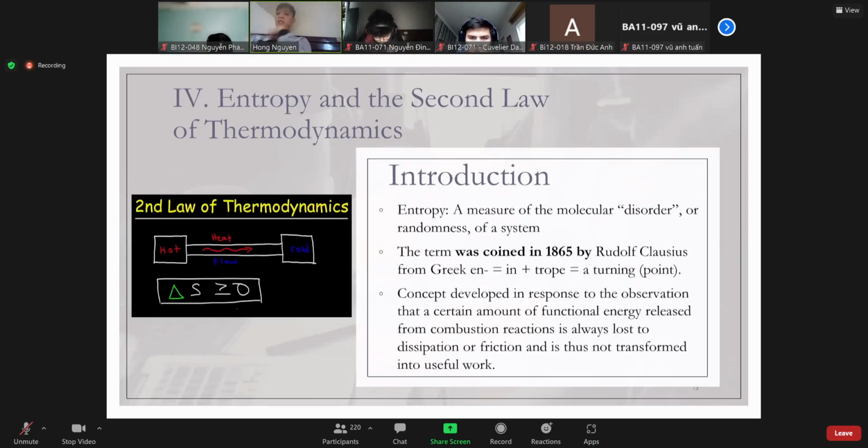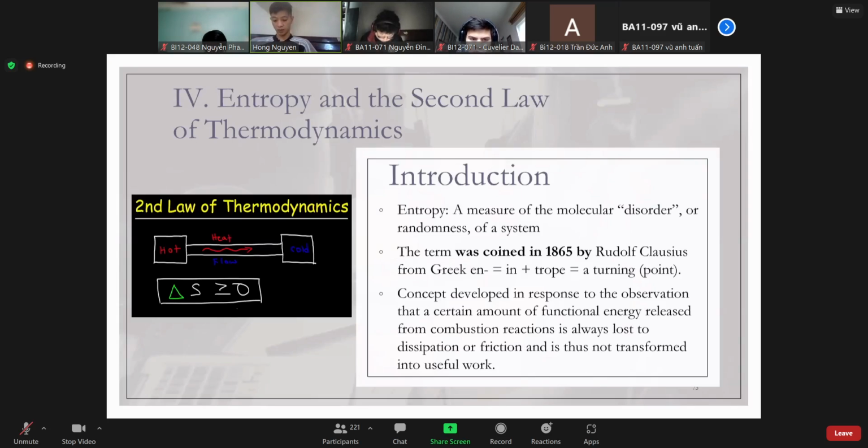And this concept was developed initially to respond to the observation that a certain amount of energy released from the combustion reactions is always lost. So at the beginning, when I talk about Cardinal, so you should remember, right? Cardinal, he was the one who first started the concept of the engine, the entropy change inside of the engine.